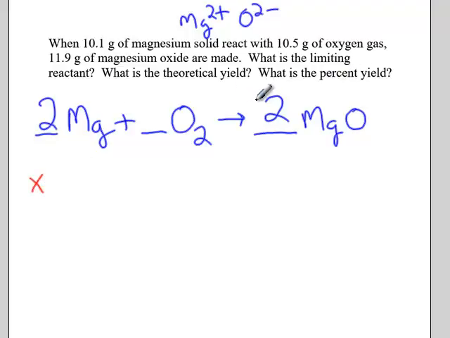In this case, we're trying to figure out what's the limiting reactant, what's the theoretical yield, and we were told that we made 11.9 grams of the product. So this would be the actual yield. We want to first figure out what is the theoretical yield. How many grams of magnesium oxide could have come from the 10.1 grams of magnesium.